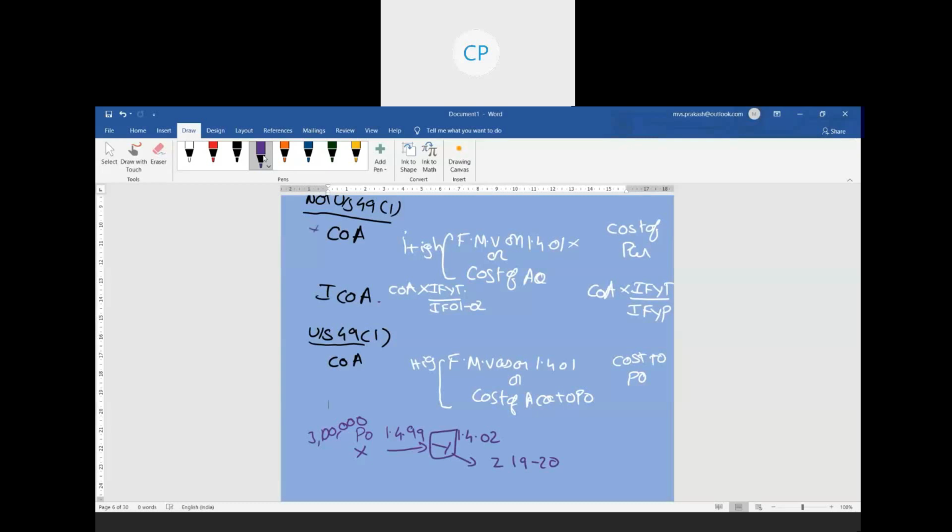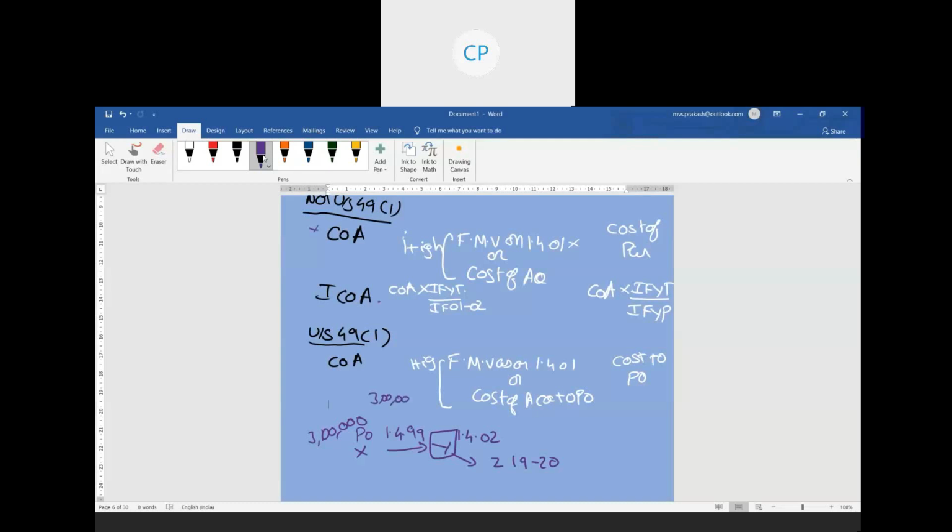You are not acquiring that under normal mode. You have acquired under 49 subsection 1. As you are acquiring the asset under 49 subsection 1, I need to see whether the previous owner has acquired the asset before 1st April 2001 or not. The previous owner has acquired the asset before 1st April 2001. What is the cost to the previous owner? The cost to the previous owner was 3 lakhs.